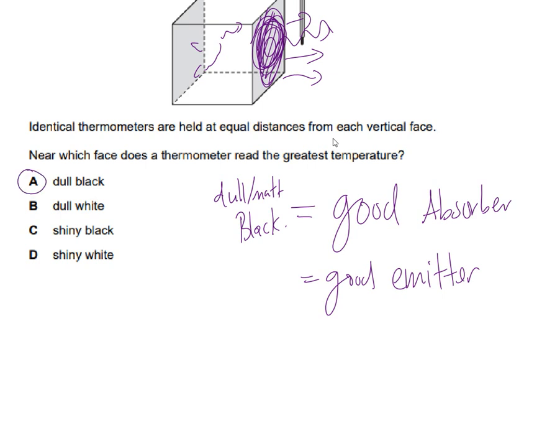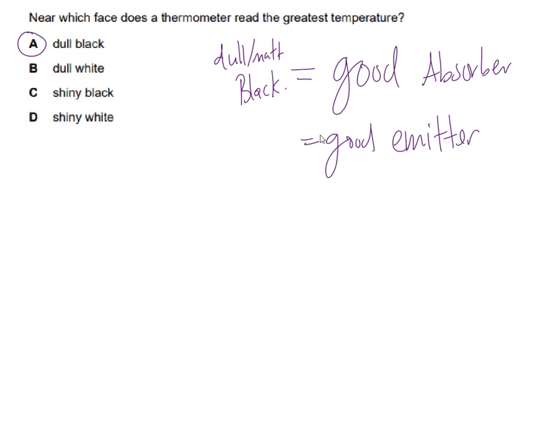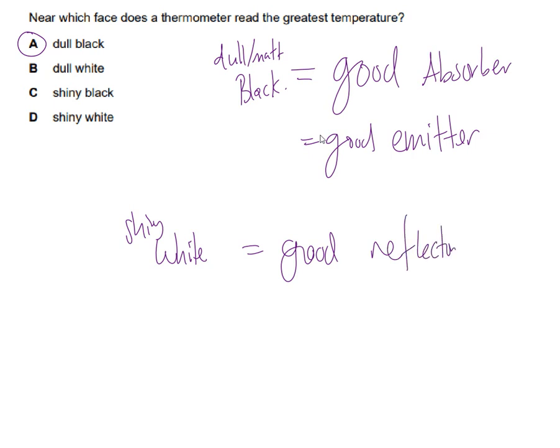Now, white on the other hand, or even shiny in this case, shiny white, they are a good reflector. Reflector means, here's the surface, the heat gets to the material and the material will reflect it straight away.